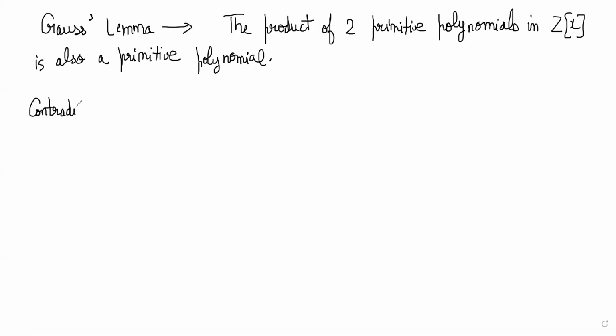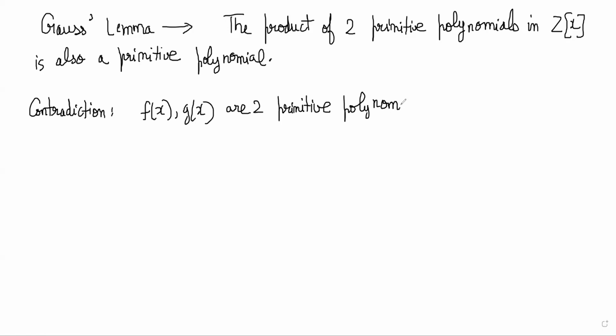We will assume that f of x and g of x are two primitive polynomials in Z of x, and f of x times g of x, the product, is not a primitive polynomial.